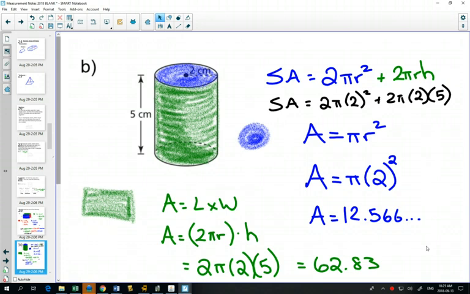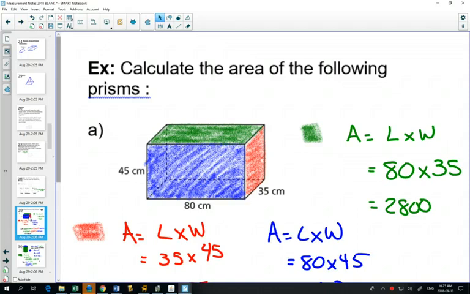So the temptation is just to use the formula and, oh, Mr. JR is explaining stuff, so now I can daydream for a bit. The explanation is the important thing, because do you know what's going to happen later? We're going to take this cylinder and stick it on top of that, and then ask you for the surface area. And you did some of that last year, and we're doing that again.